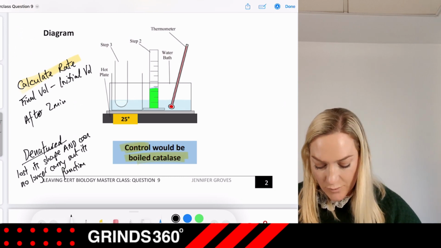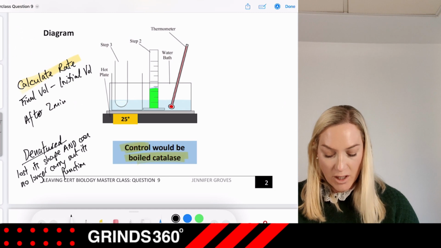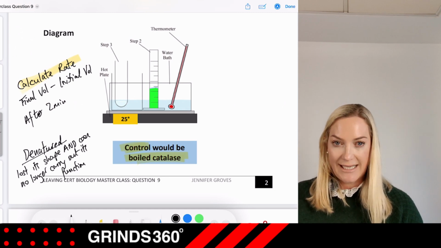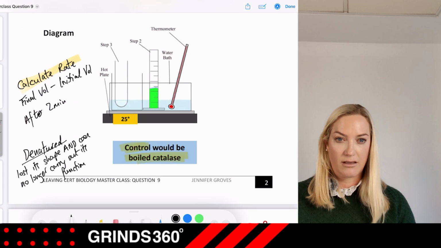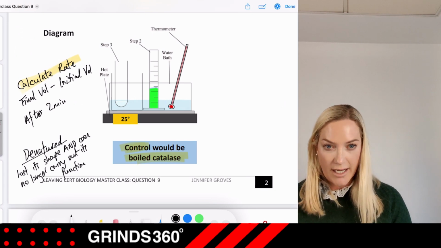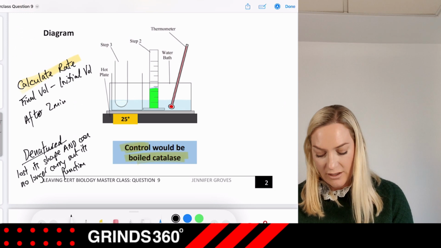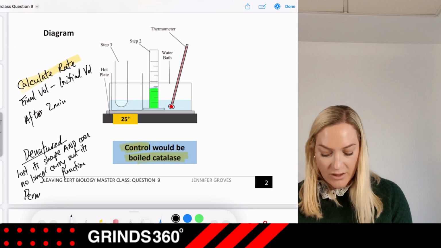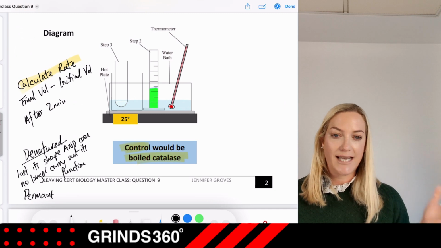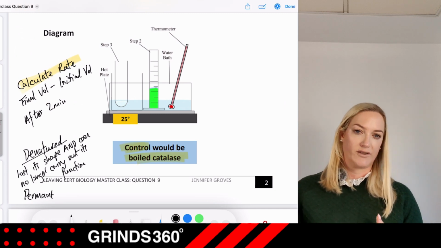So you could say at the beginning, it's permanently lost its shape and can no longer carry out its function. It's permanent. Somewhere there, please put the word permanent, because once the active site of the enzyme is denatured, that enzyme cannot revert and go back to what it was before.